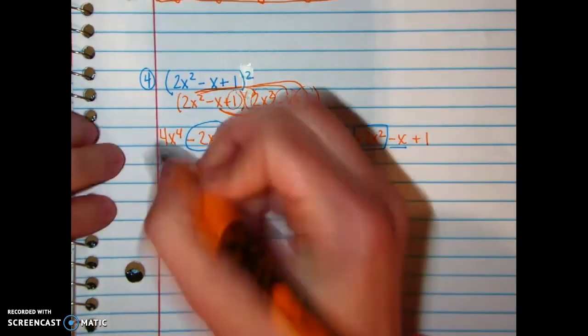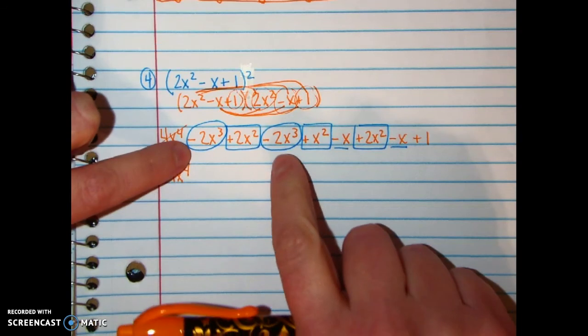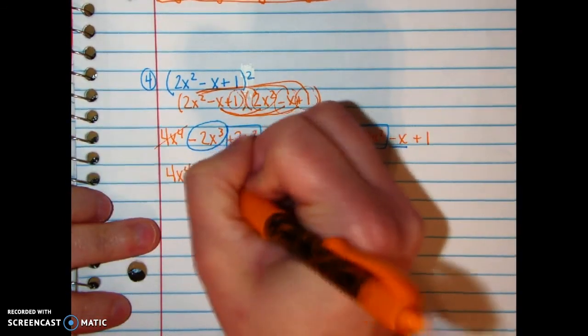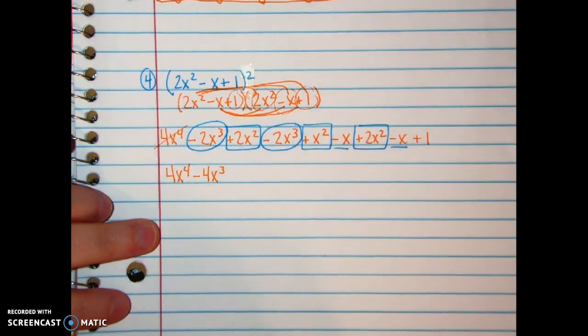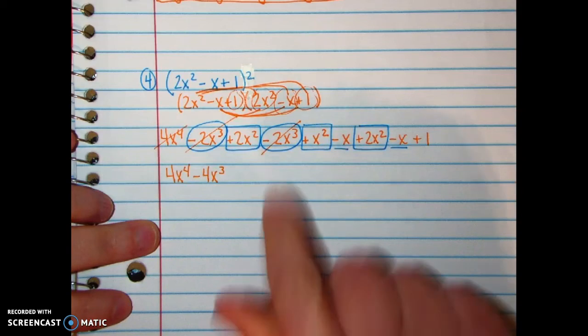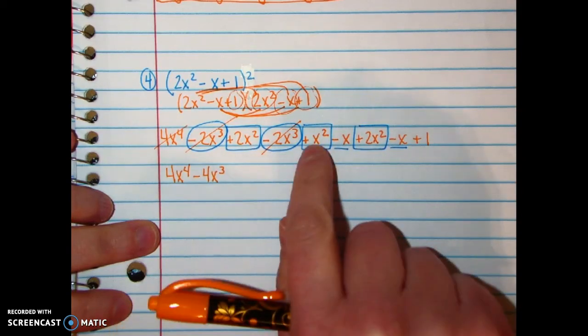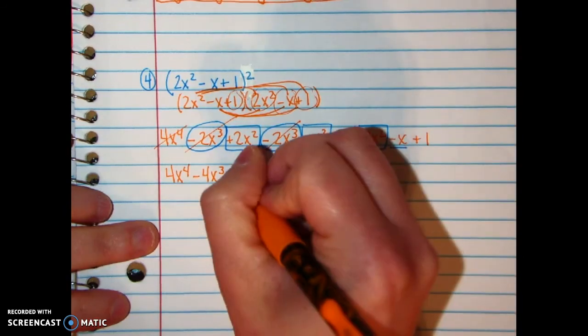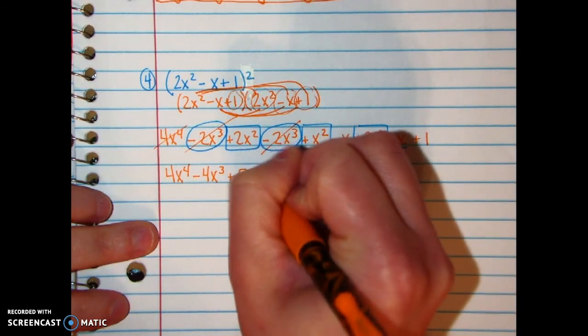And then x cubes, let's see, negative 2 minus 2, that would be negative 4x to the 3rd. For my x squared ones, I have 2 plus 1 is 3. 3 plus 2 is 5. So that is plus 5x squared.